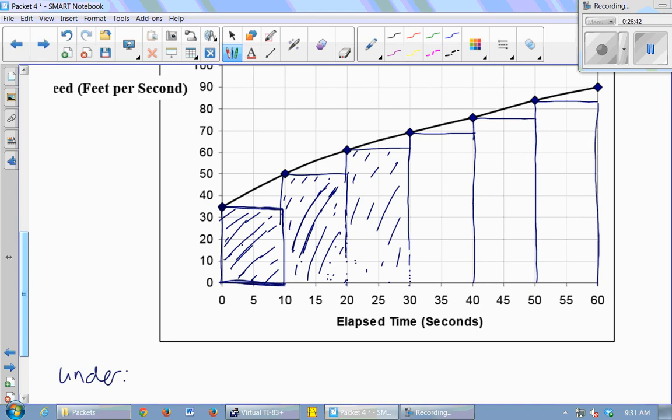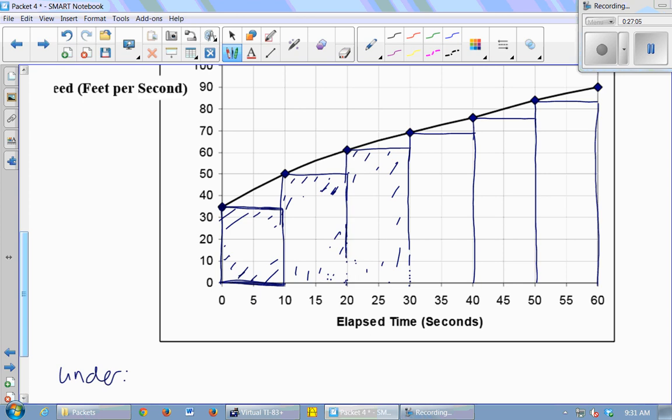All right, so the area of each of these rectangles represents a distance traveled, an estimate for distance traveled. Because each of these rectangles, its base is a time, and its height is a rate. So when I multiply rate times time, I get distance traveled, finding the area.